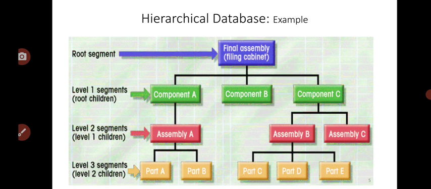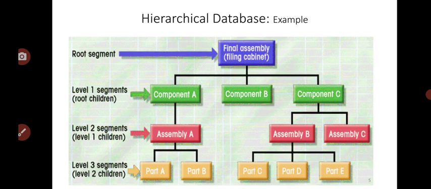In the hierarchical database example, we come across the final assembly. We will take one organization, where the final assembly happens at the root segment. In the level 1 segments we have component A, component B, component C. The parent for these components is the final assembly.